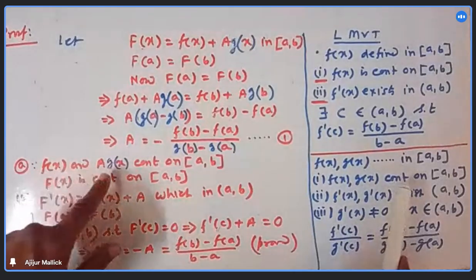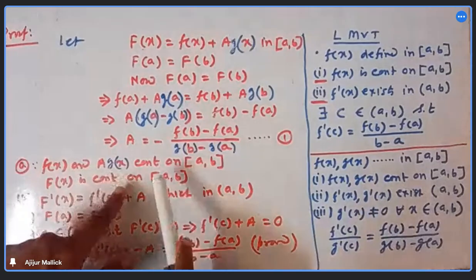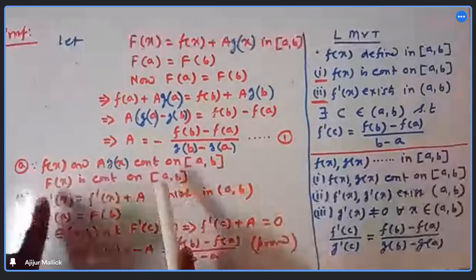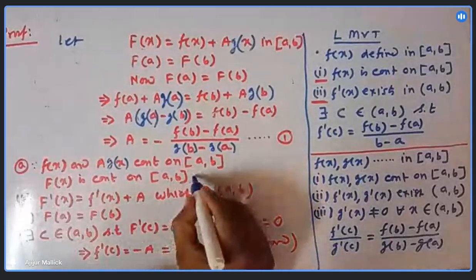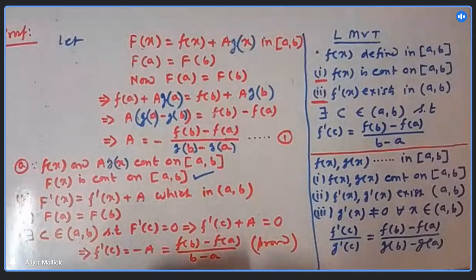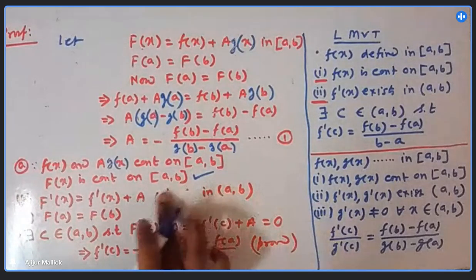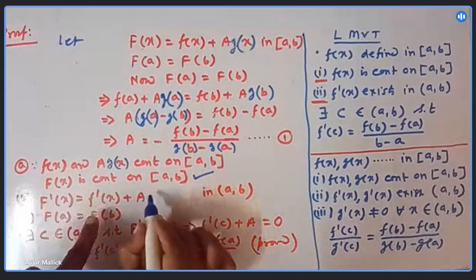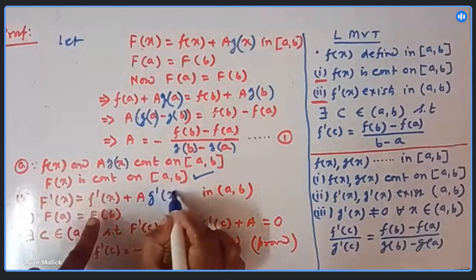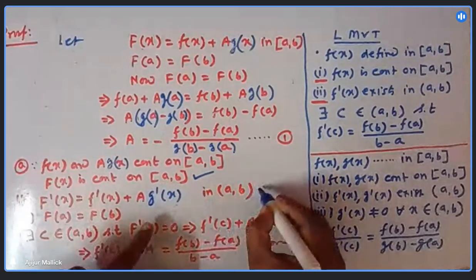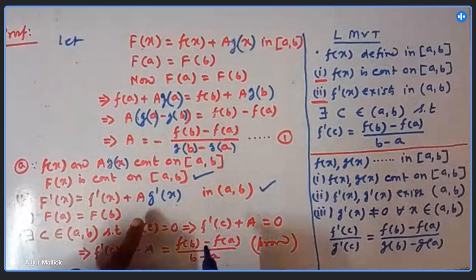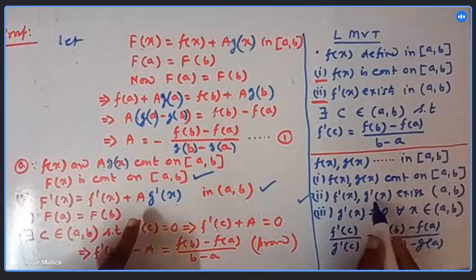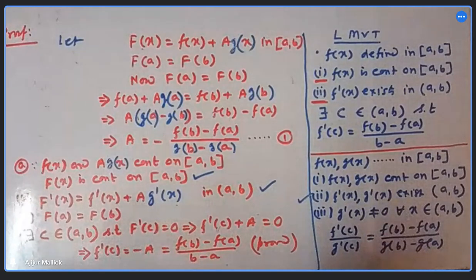So since fx and a into gx are continuous on closed interval ab, so capital Fx is continuous on closed interval ab, and F dash x will be equal to small f dash x plus a into g dash x, which exists in open interval AB, because here it is given that f dash x and g dash x both exist.